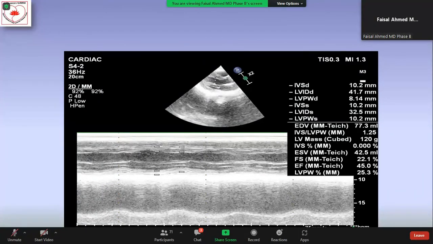Most of the P waves are non-conducted, but some P waves are conducted in comparison to that of complete heart block. And we can say high degree AV block whenever 2 or more P waves are non-conducted. Then we can say 2:2 or 3:2 or 4:1, like that. Not 2 or more, 3 or more. Yes, sir.